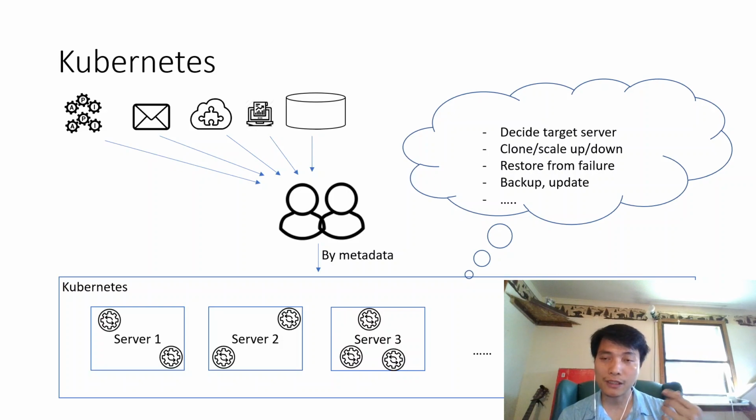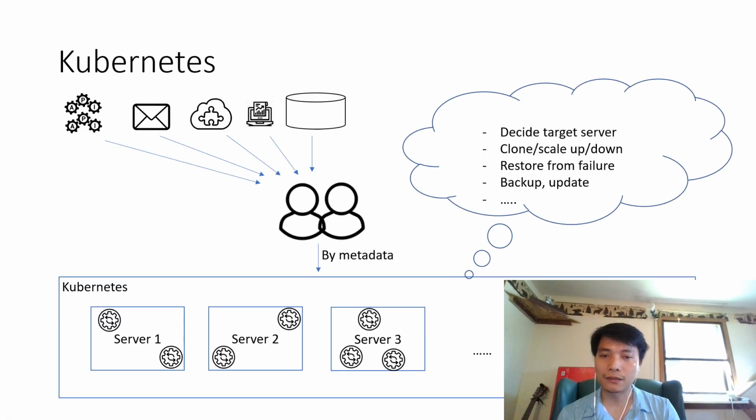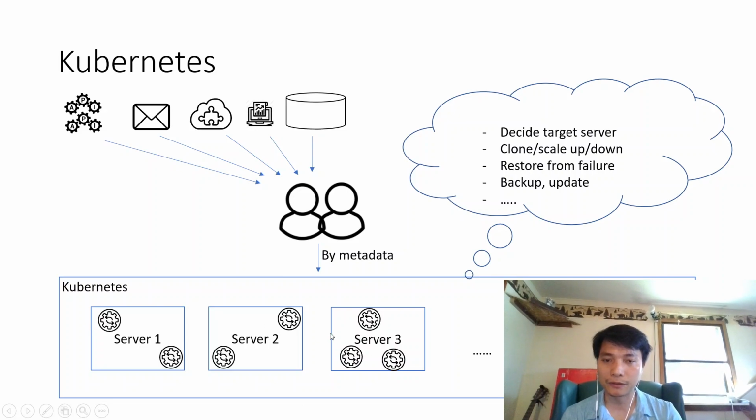Pods are not a single process, but we can simplify and understand pod as a single process. Service endpoint. Imagine a system that has multiple processes and they need to contact each other. For example, the API needs to contact Kafka and processors need to contact Kafka.